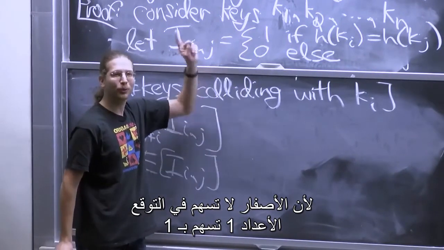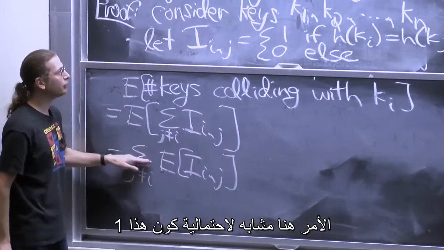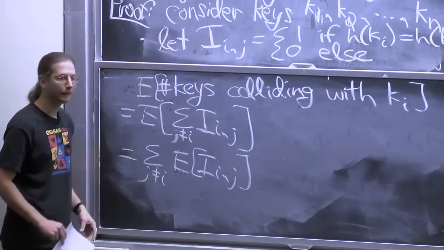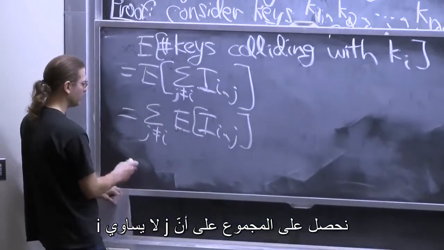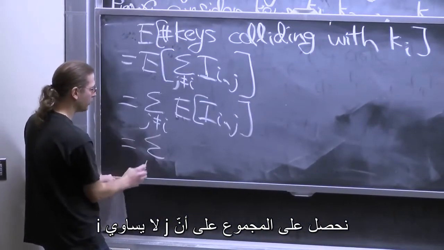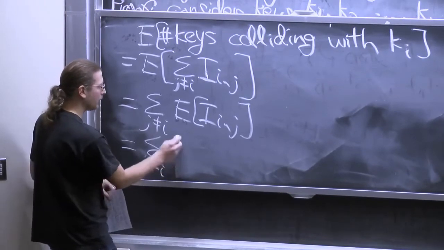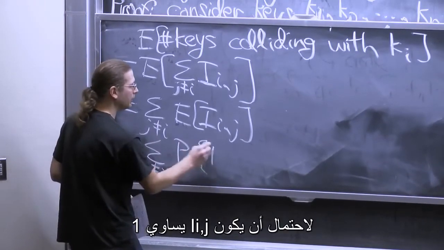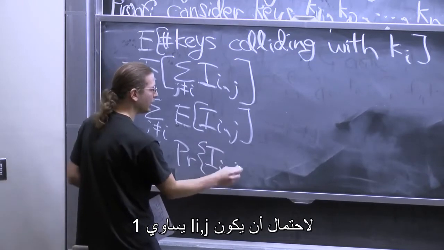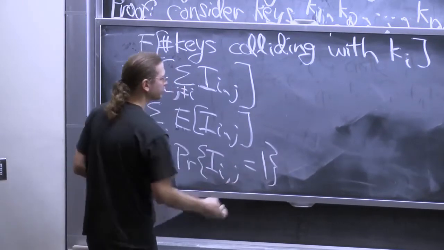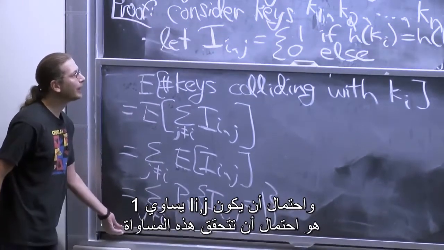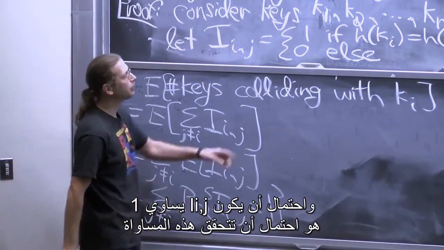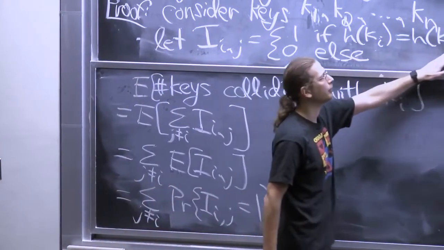The ones contribute 1. So this is the same thing as just the probability of this being 1. Okay, so we get sum of j not equal to i of the probability that Iij equals 1.